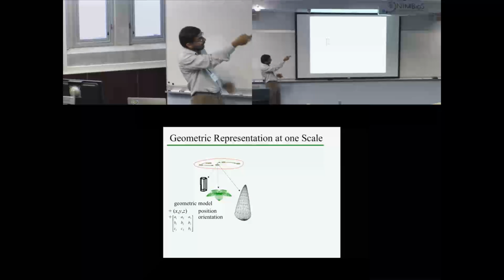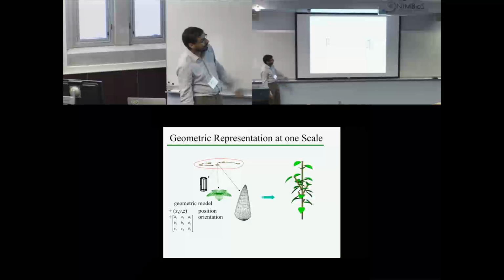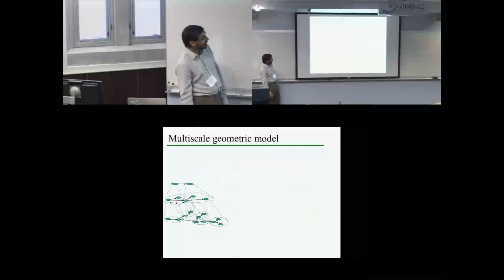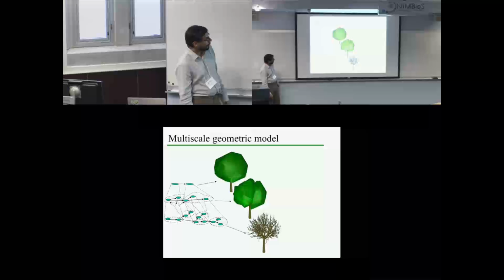So at one scale, you have a tree, you add some geometric models, some information, and then we obtain the final representation. But at different scales, all the graphs give us lots of information. That is, you can compute a geometric model based on the scale you choose.